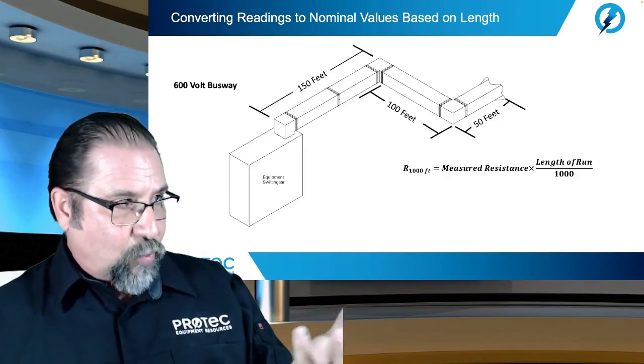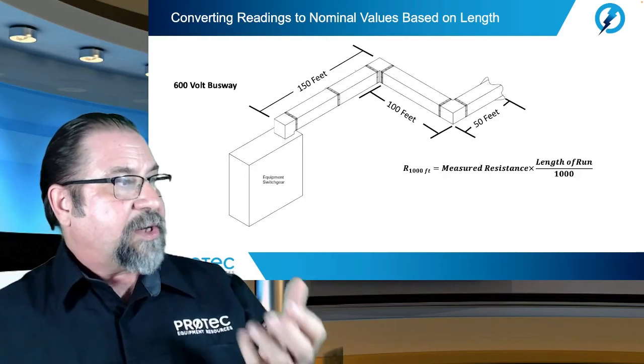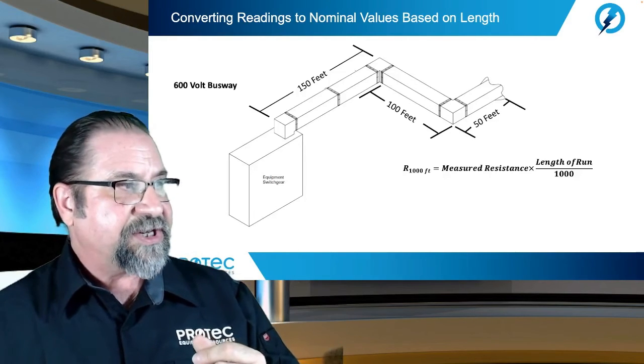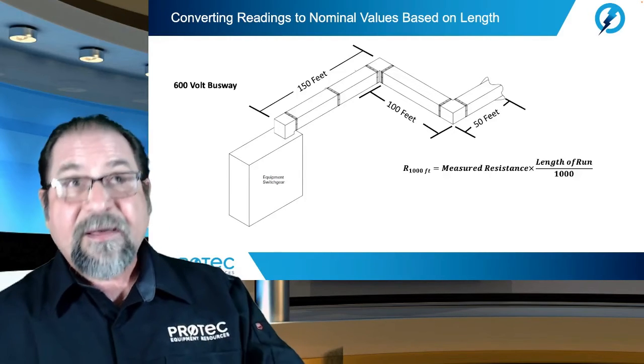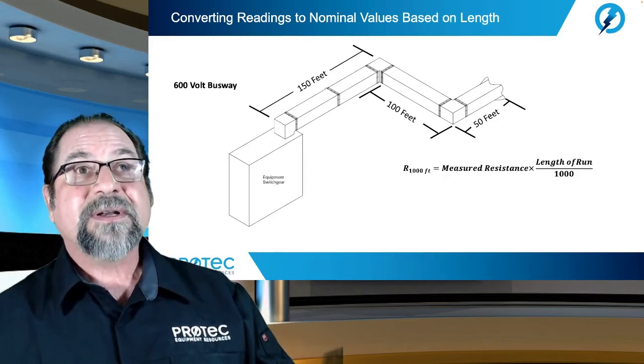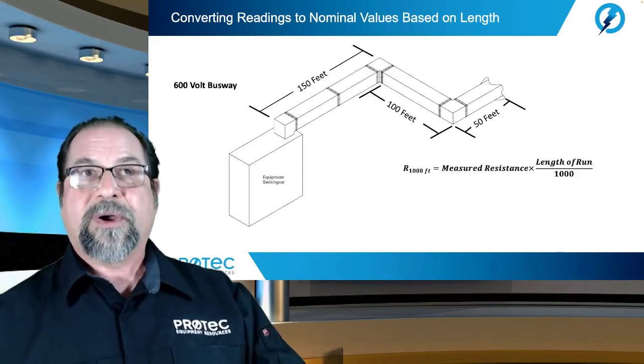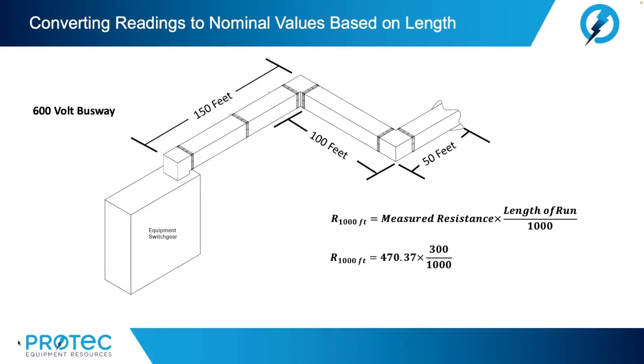So, the correction would be R sub 1,000 feet, or the correction resistance would be the measured resistance times the length of the run divided by 1,000. And that will correct our answer for the NETA table. So, if we do this, we take our 470.37, which was our measured resistance, times the 300 feet of total length, 150 plus 100 plus 50, divided by 1,000, since the NETA table is based on 1,000 foot lengths.